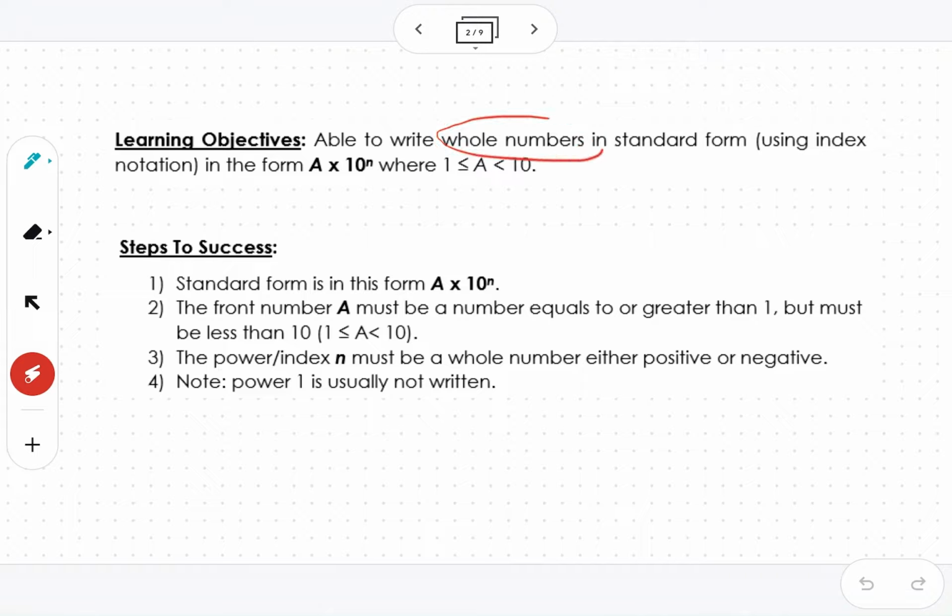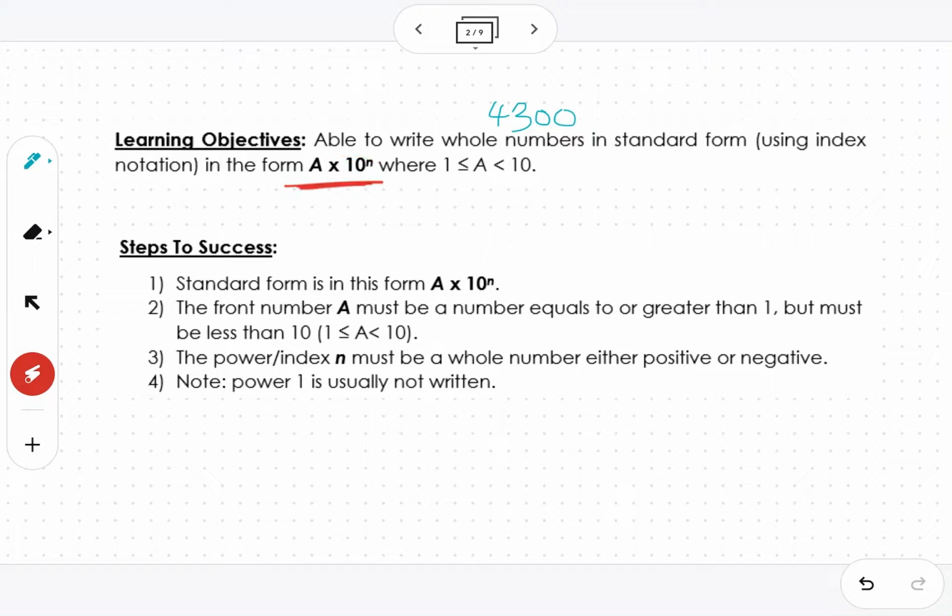Whole numbers are numbers that are whole, with no fraction and no decimal, such as 4,300. That's a whole number. Okay, able to write whole numbers in standard form using index notation in this format. So our aim is to be able to write this whole number into this format.